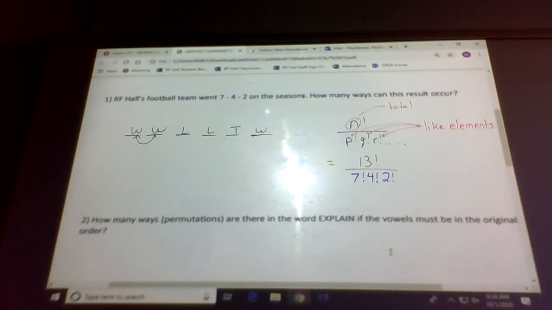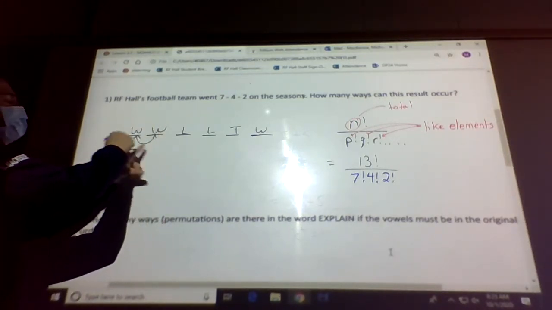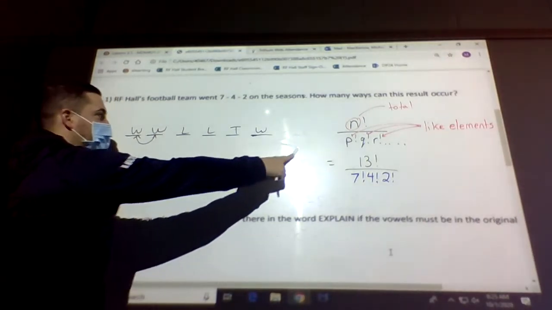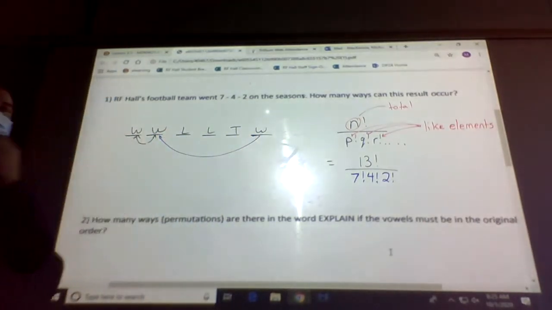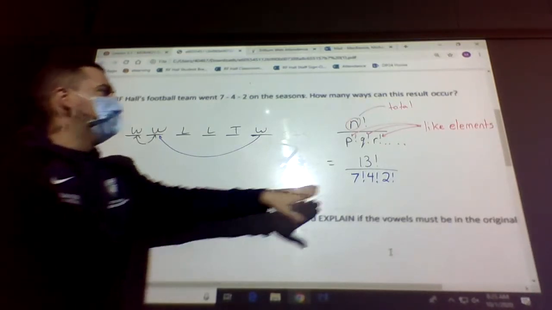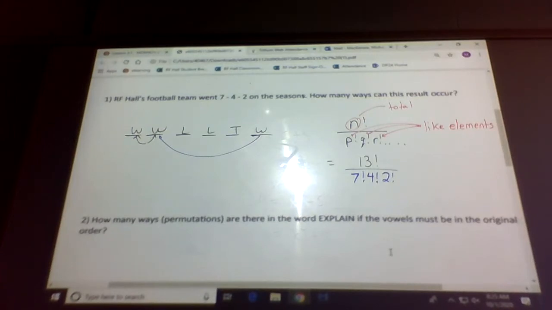The wins are like elements, the losses are like elements, and the ties are like elements. So again, if I swap these W's, the combination is still the same. Or if I switch these two, the combination is still the same. So when we divide by the like elements, it takes away all their overlapping combinations.